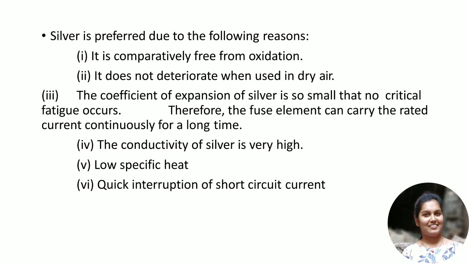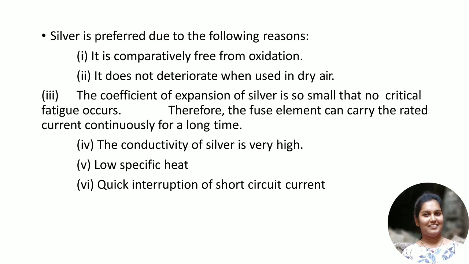So one major point which differentiates silver from all other metals is this oxidation and deterioration point. That is, it does not deteriorate even when used in dry air, and it is comparatively free from oxidation.